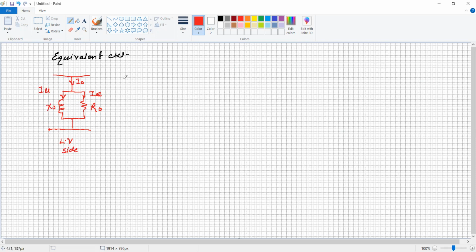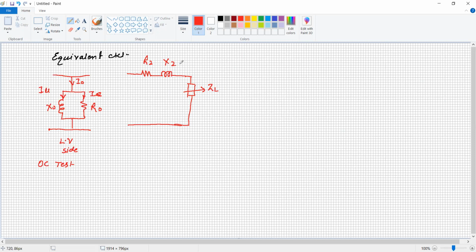Whereas from the open circuit test, this is from the OC test. Whereas the resistance and reactance which are found, that will be the impedance, that will be the load ZL. This is R2 and this is X2.